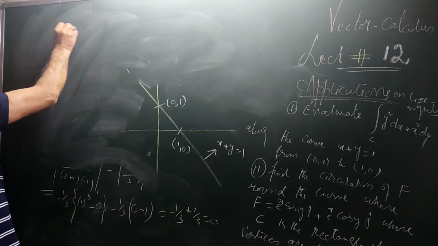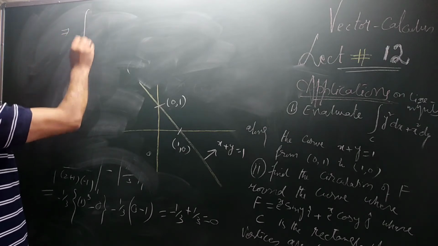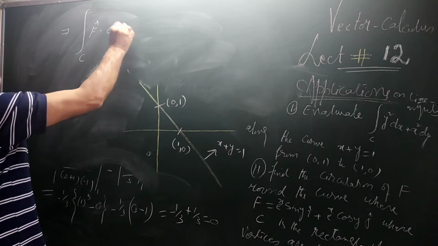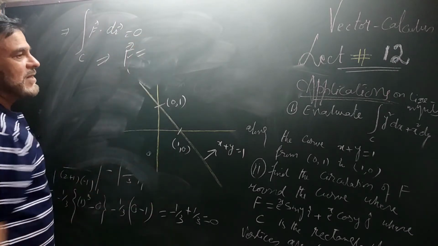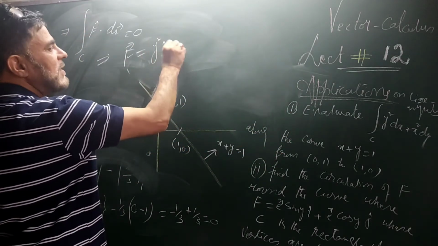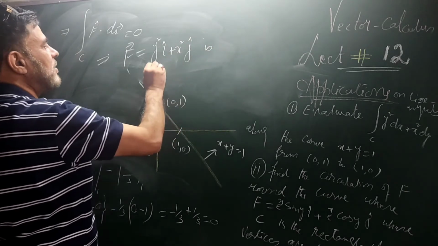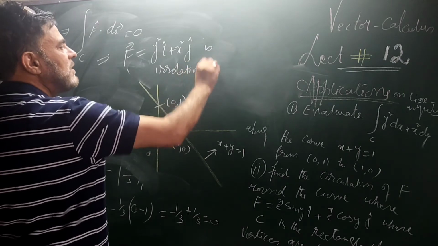So this implies the line integral along C of the force function f dot dr is 0. This implies f, what is f? It was y square i plus x square j, is irrotational. It is irrotational.